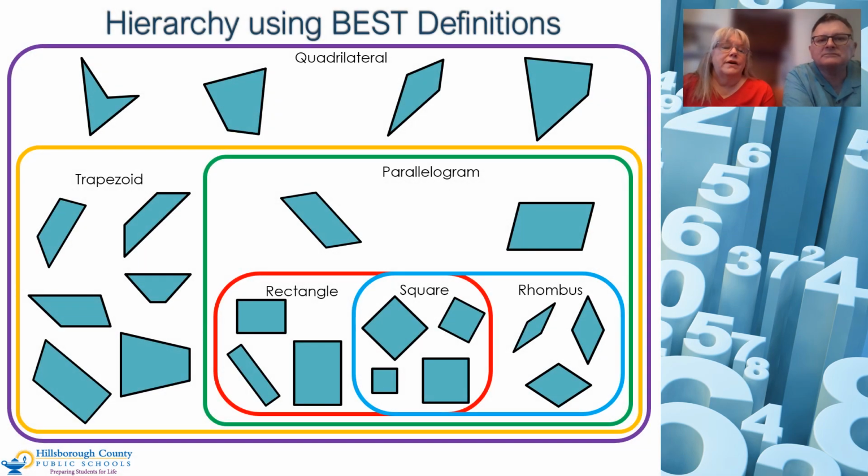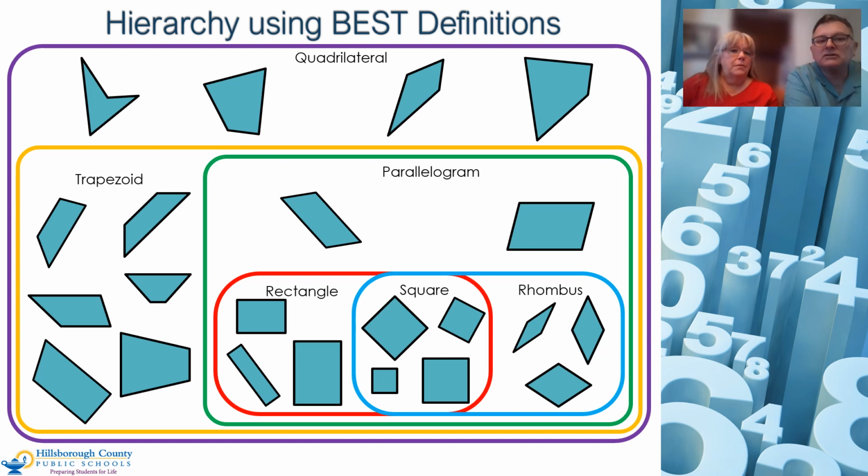So here we have the hierarchy using the best definitions of the quadrilaterals that we looked at today. Within that purple loop, you see all of those shapes that have four sides and four vertices. So they are all quadrilaterals. The trapezoid loop, the yellow loop, includes all of the shapes within that yellow loop, including the parallelograms, rectangles, squares, and rhombi.